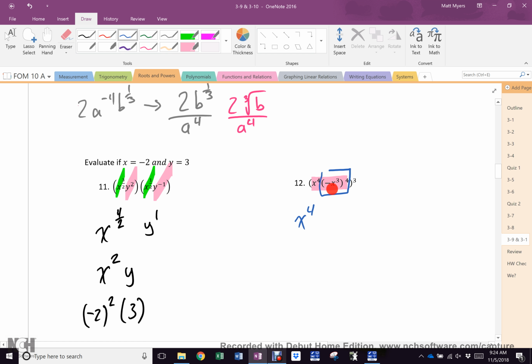So this blue box gives me negative x cubed how many times? 4 times. Negative x cubed. Does everyone agree?